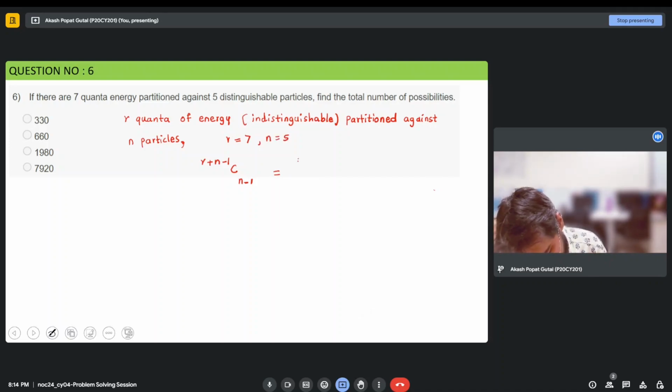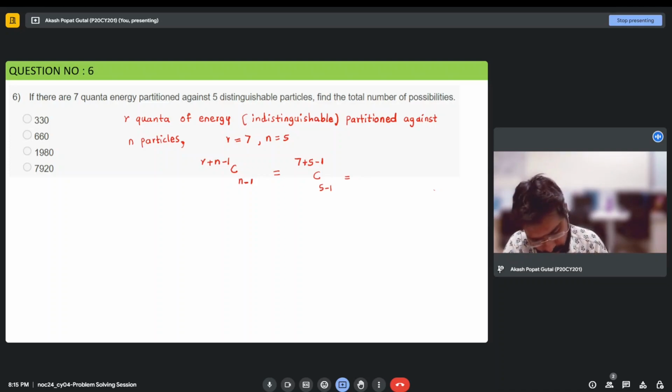So what will we be getting? 7 plus 5 minus 1 C 5 minus 1, which is nothing but 7 and 5 is 12 minus 1 is 11 C 4, which is nothing but 11 factorial divided by 4 factorial times 11 minus 4 factorial, which is 11 cross 10 cross 9 cross 8 cross 7 factorial.